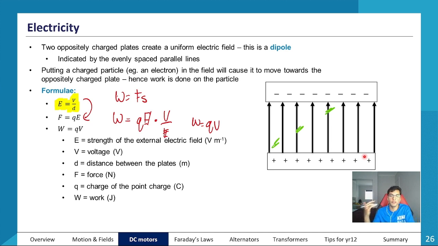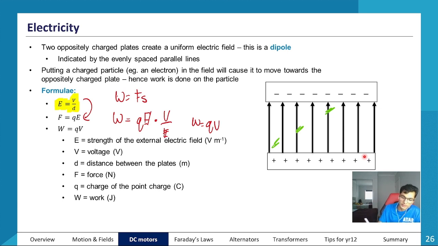So, for example, the further up you go, the weaker the gravitational field becomes. And because of this, gravitational fields and fields around a point charge are considered non-uniform, whereas the field around two charged plates is always considered uniform.